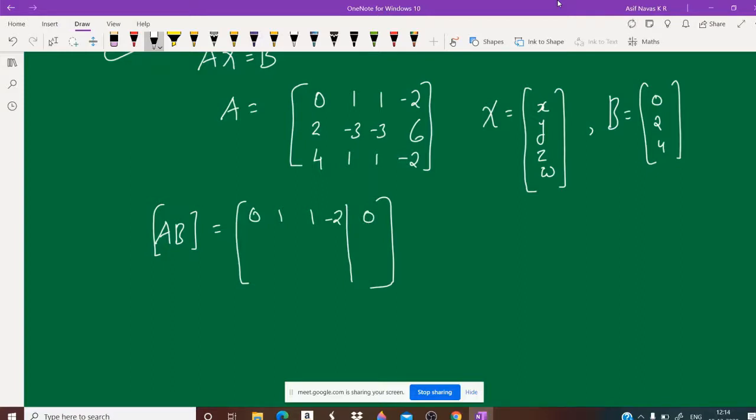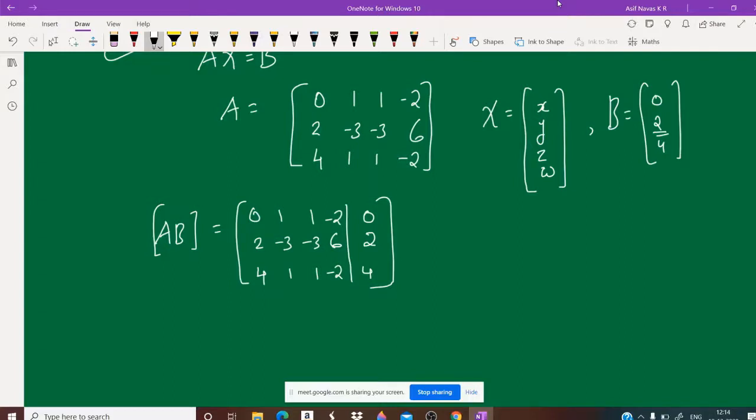And what is the second row? 2, minus 3, minus 3, 6, and here 2, right? And what is the third row? 4, 1, 1, minus 2, 4.